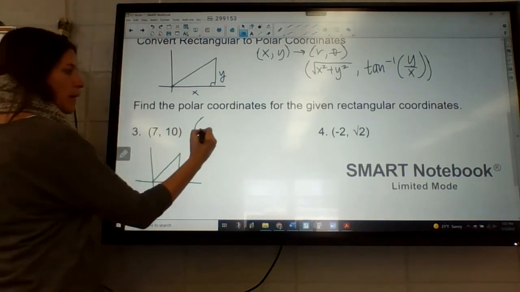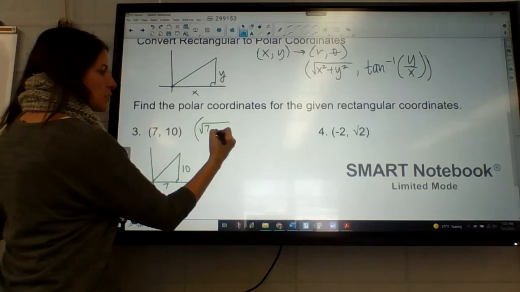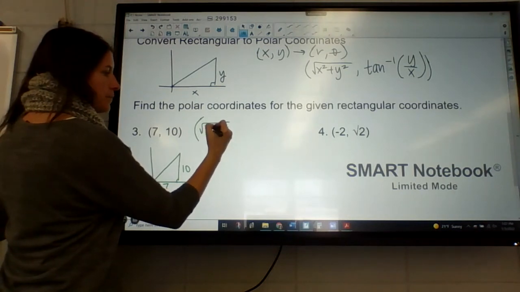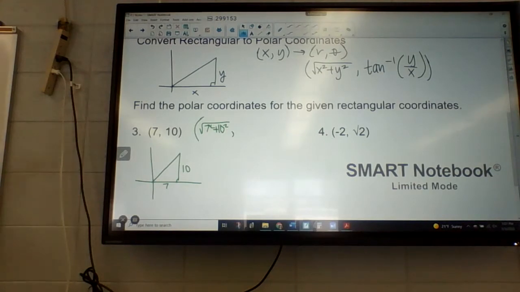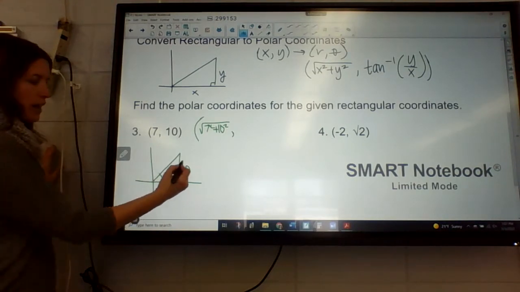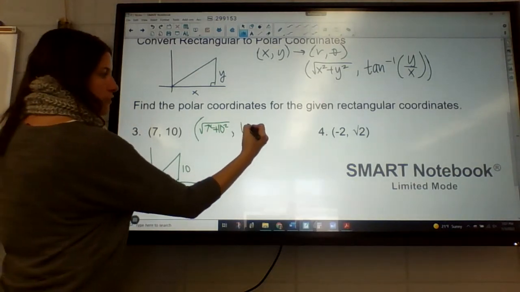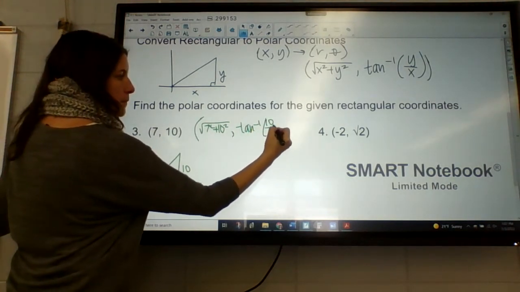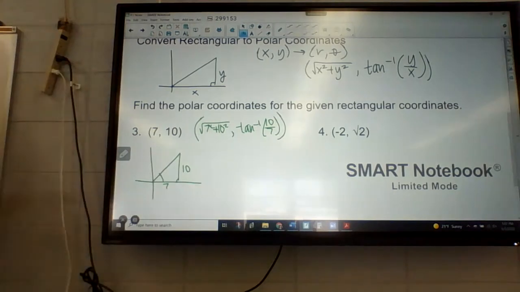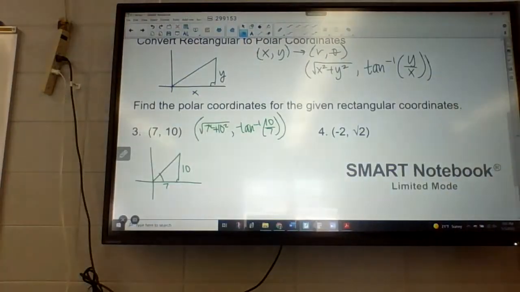So we're going to do the square root of 7 squared plus 10 squared. And then theta is going to be the inverse tangent of 10 over 7. It should be 7 squared plus 10 squared. Sometimes the little 2's get finicky on my board.